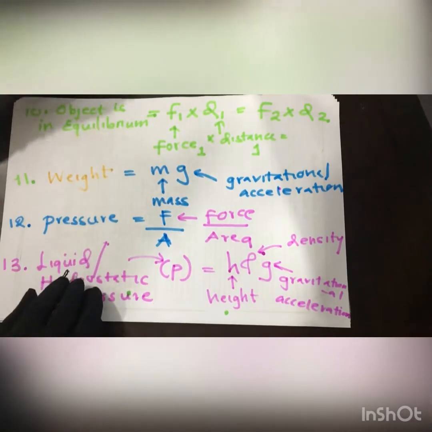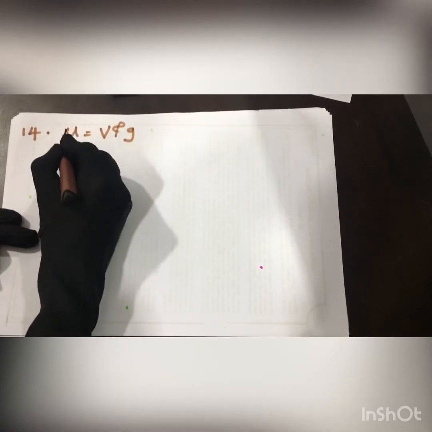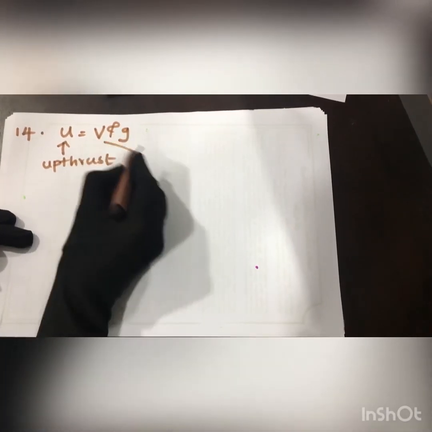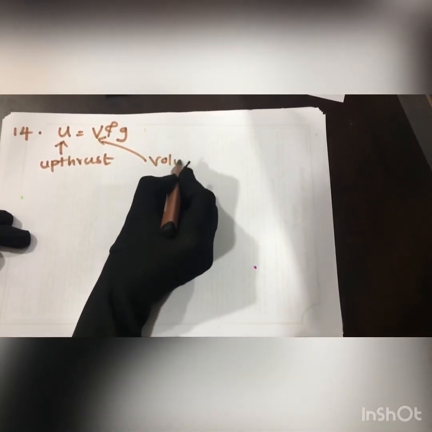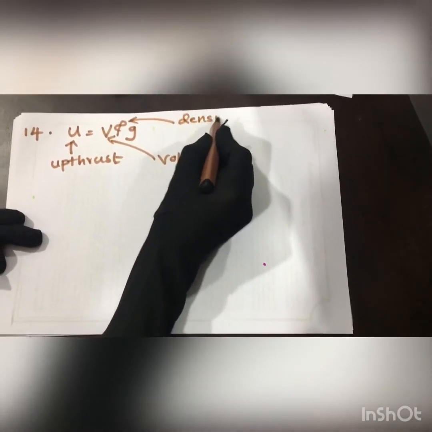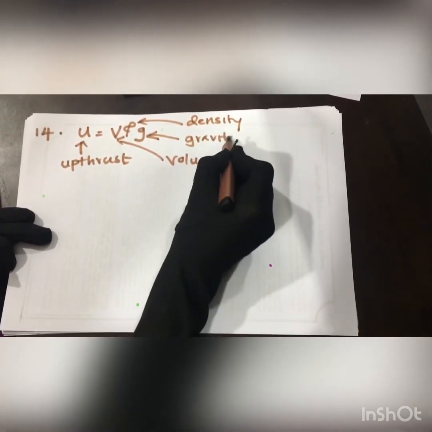The next equation is the 14th equation: U equals V rho G. U is the upthrust, V is the volume, rho is the density, G is the gravitational acceleration.